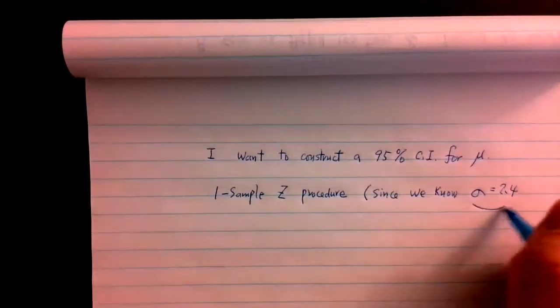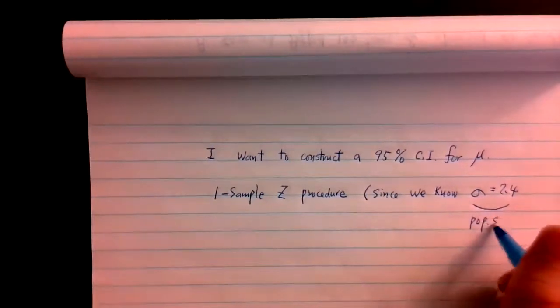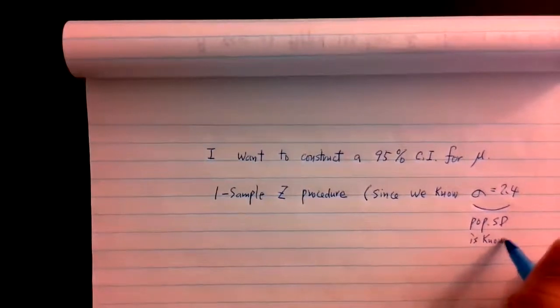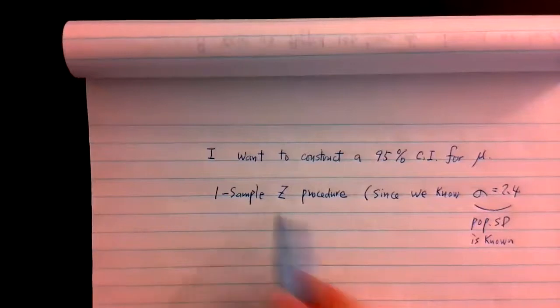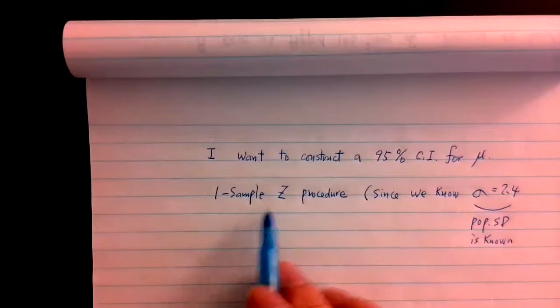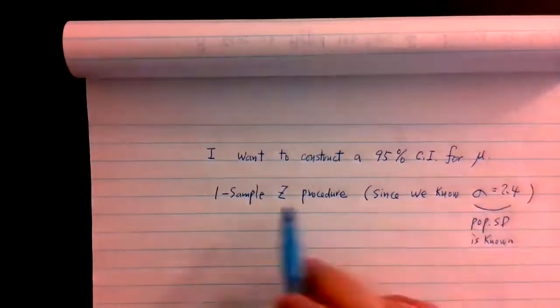When the population standard deviation is known, the related procedure is one sample Z. But if we don't know sigma, we estimate it by S. That will change to a one sample T procedure. If you watched my video, you know what I mean, okay?